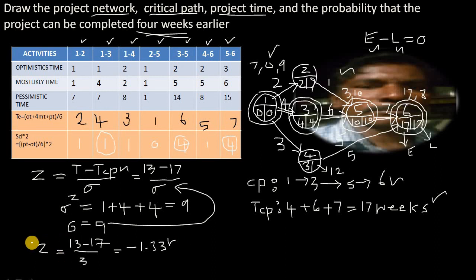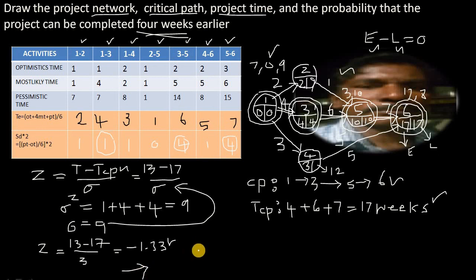But we have to find the probability that this area exists in the normal curve. This area, which area? I am writing this here.